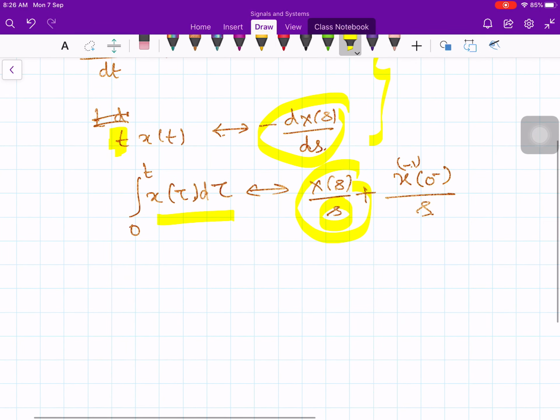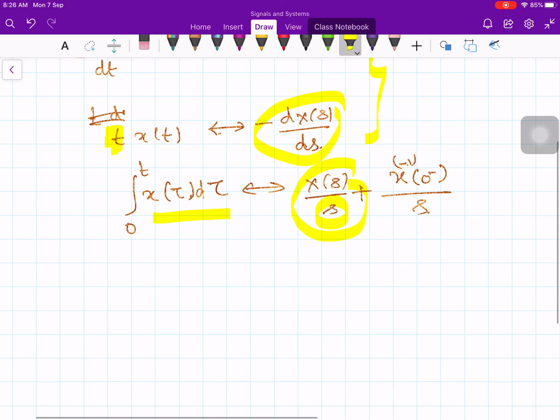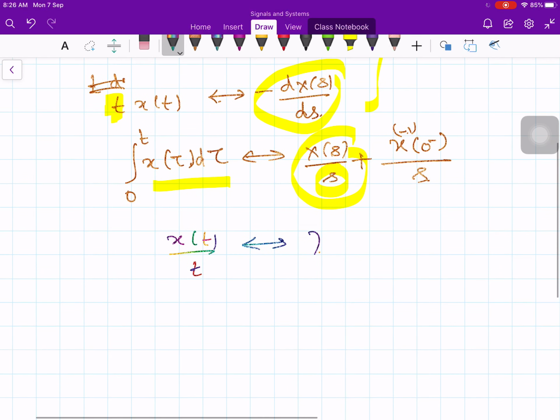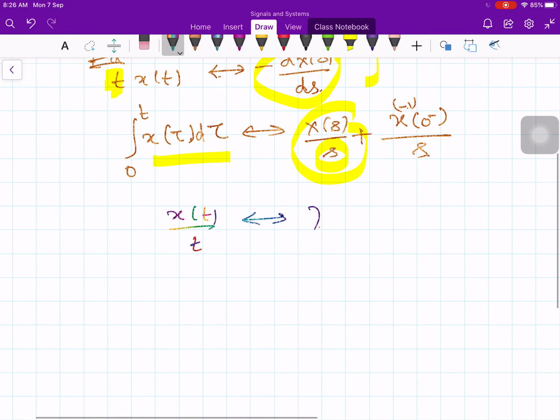By the same way, if you divide the signal x of t by t, in the frequency domain it will be something like integration. That's what we want to discuss in this lecture. So it corresponds to some integration in the frequency domain.